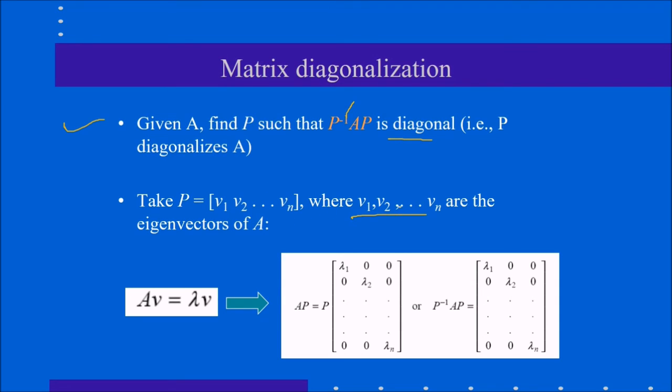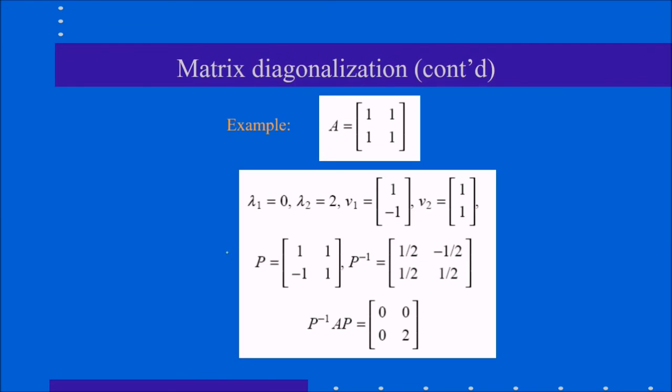They are the eigenvectors of A. What we are doing is we have A and we multiply it by P. Since P is nothing but the matrix of V1, V2, V3, to Vn, when we multiply, you'll get lambda 1, lambda 2, to lambda n. And of course with P inverse, you'll get these values. This is the making of diagonalization. So we are making a diagonal matrix from the eigenvalues.